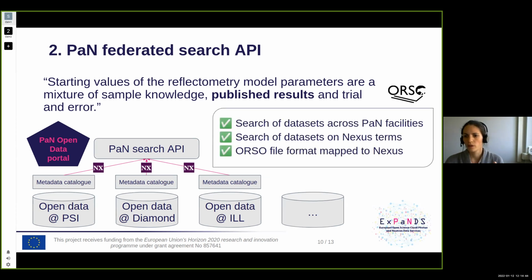That means that in the future, Andrew, if he starts again, would be able to search datasets across all PaN facilities, so maybe find more published results on similar experiments, and search on Nexus terms, which means that he will be able to focus on what is interesting for his research: the right sample, the right environment for the experiment. And also the file format that was presented just before will be mapped to Nexus. So all that is contained there will be searchable in the search API.